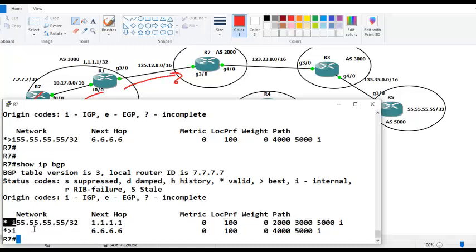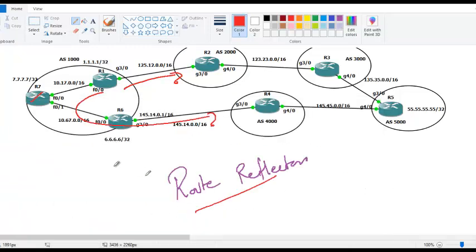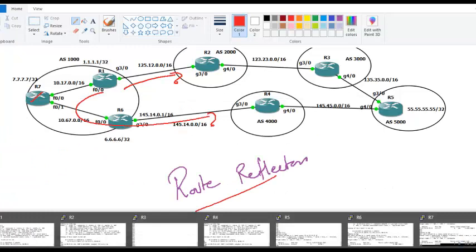I set weight on router 1. It is local to the router. Router 1 is going via router 2, but router 7 is going via router 6. Likewise, router 6 will also be going via router 4.